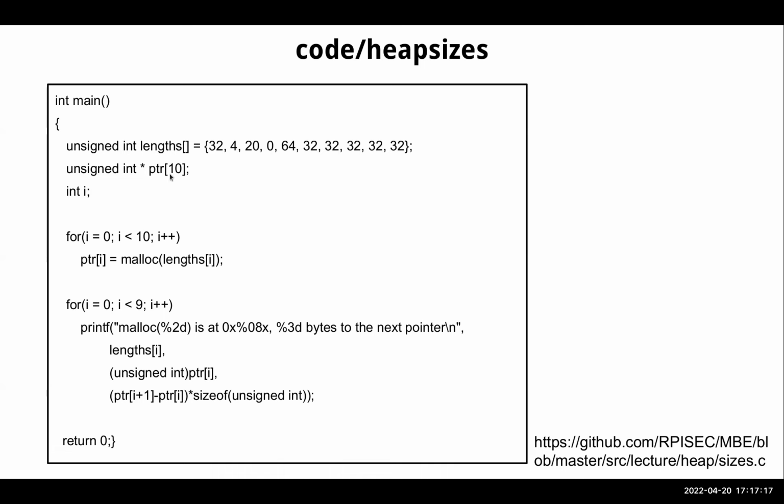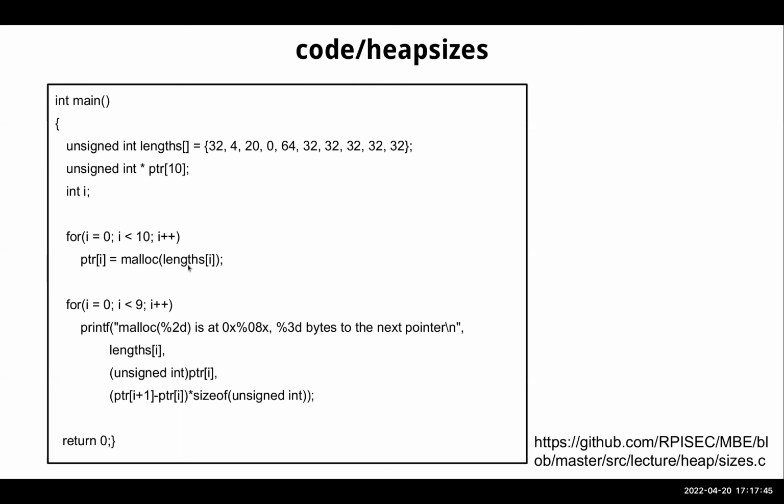Then we have an array of pointers. Obviously, they are not initialized because we don't have their values yet. Then we are going to malloc 10 times, and every time we use an integer in the lengths array. So we are going to malloc 32 bytes, 4 bytes, 20 bytes, 0 bytes.